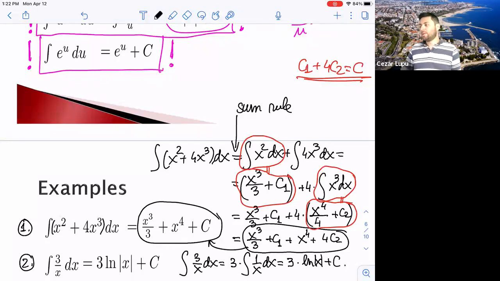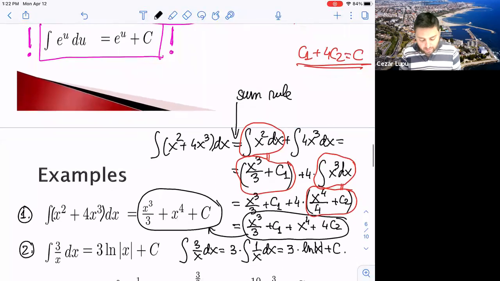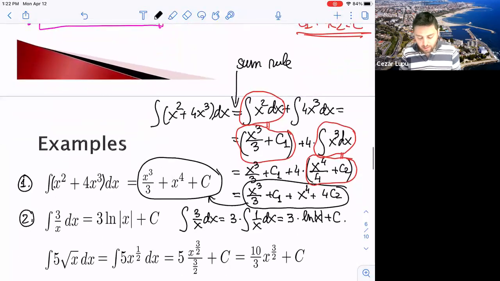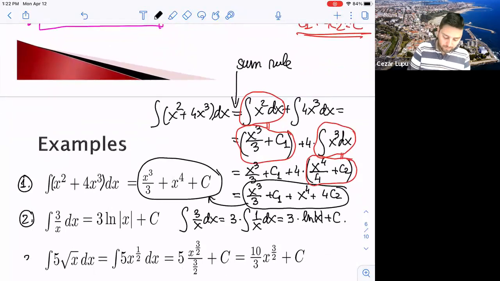Okay, this was an easy one. But now let's see another one. Look at this guy here, the third one. Well, you see, when we would like to compute the integral of the radical, we should be a bit careful here.